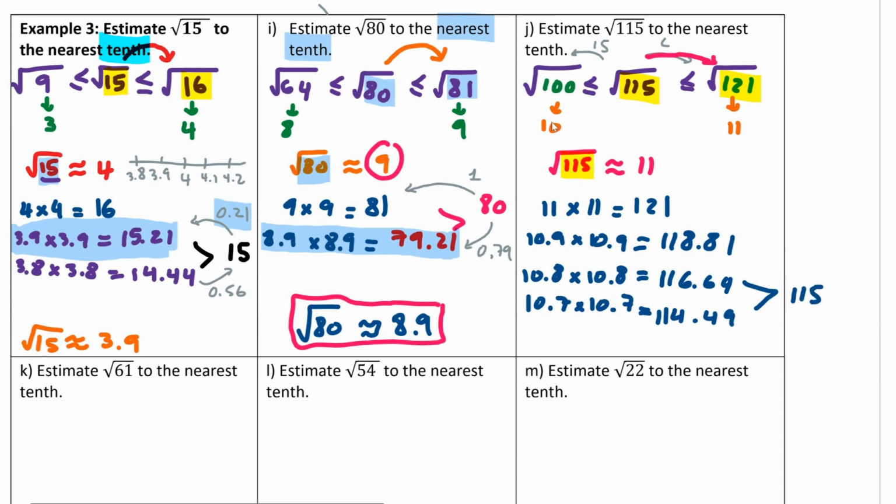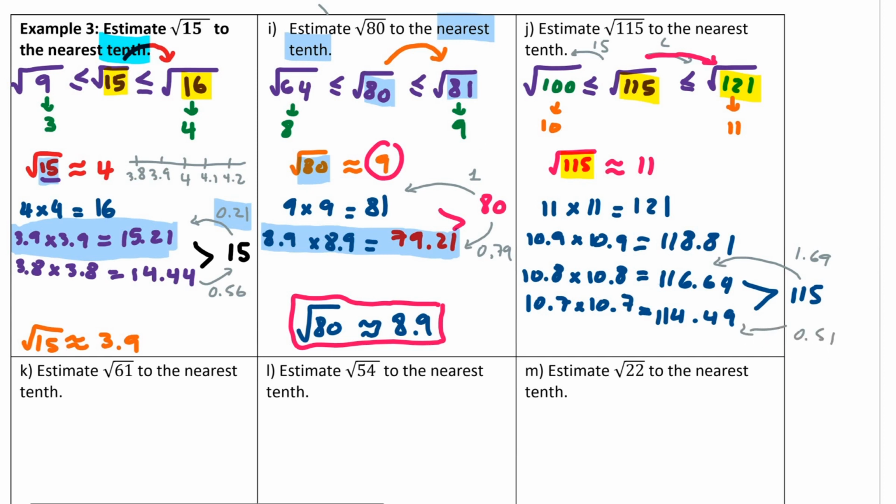Okay, so what we're going to do is subtract them to see which is closer to 115. 116.64 minus 115 will be 1.64 points away. 115 minus 114.49 will be 0.51 points away.